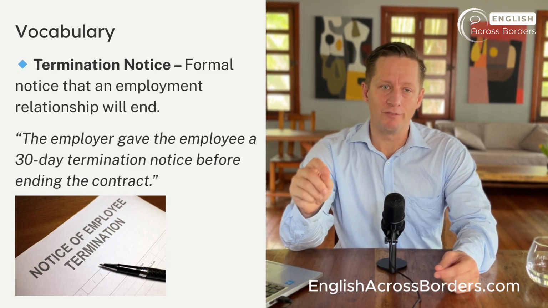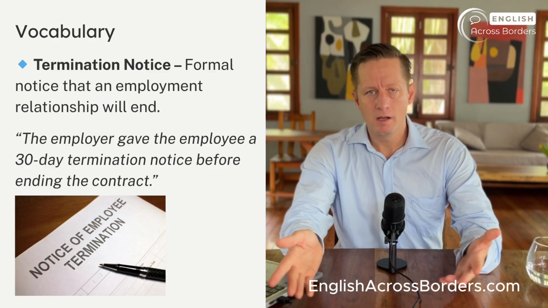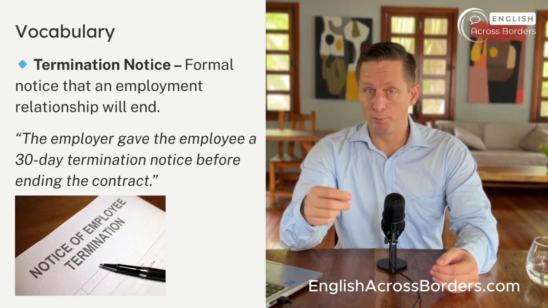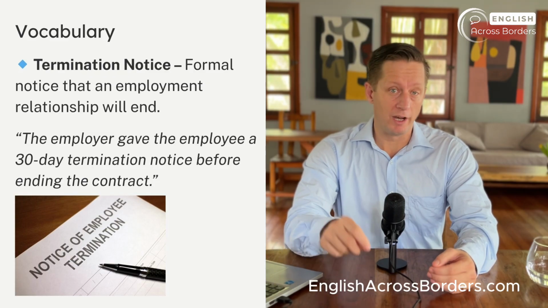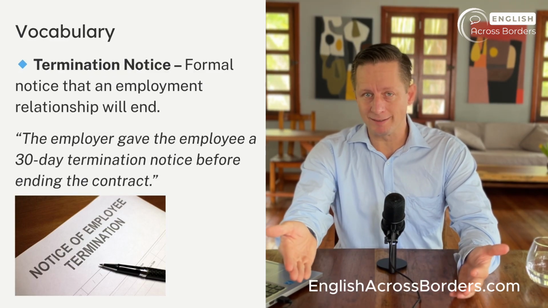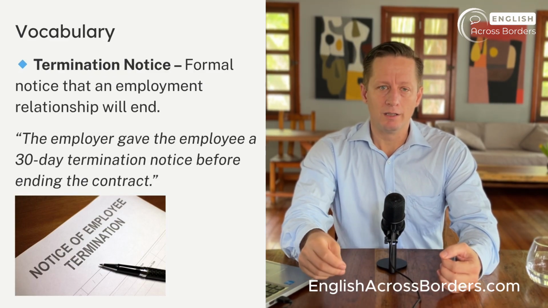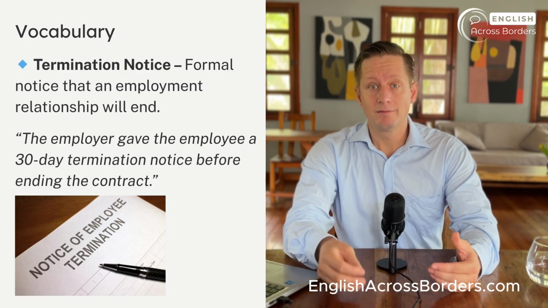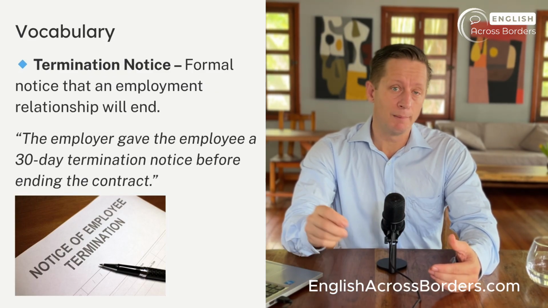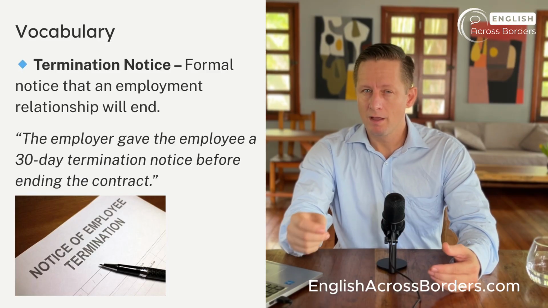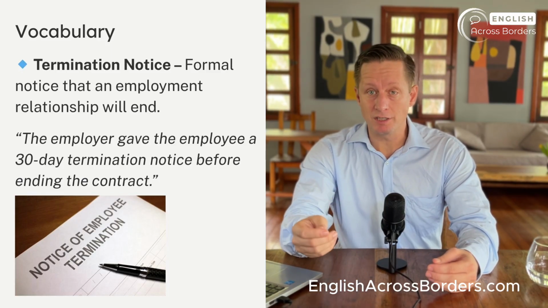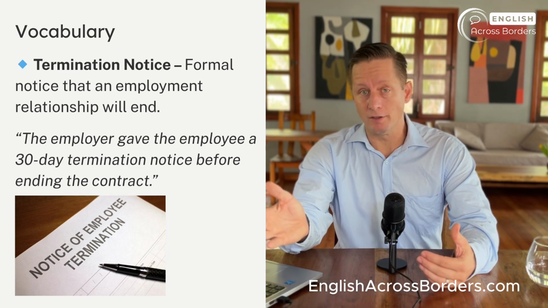Termination notice periods vary by law and contract, but their purpose is clear: to give time for preparation, whether to find a new job or a replacement. In Costa Rica, labor law requires employers to provide advance notice before terminating the employment without cause. Failing to give proper notice can mean paying compensation in lieu of notice.